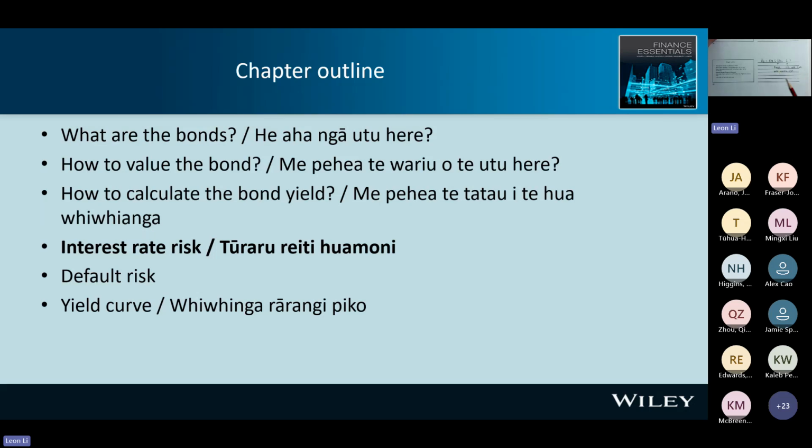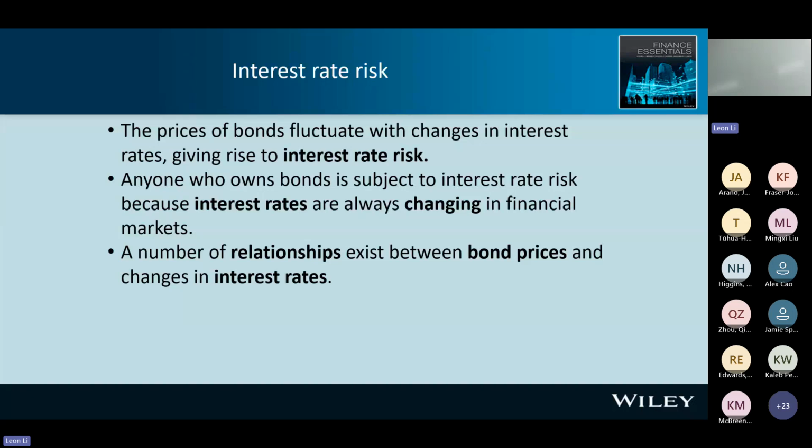All right. So we have interest rate risk and the credit risk of the bond. Right. Now we are going to discuss the detail. Interest rate risk. So the prices of bonds fluctuate and change with change in interest rate, giving rise to the interest rate risk. Right?